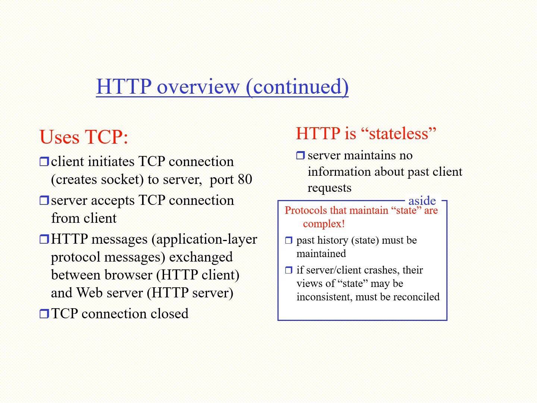Protocols that maintain state are complex. Past history must be maintained. If the server or client crashes, their views of state may be inconsistent and must be reconciled. Our HTTP protocol is stateless, so the server does not maintain a list of previous client requests.